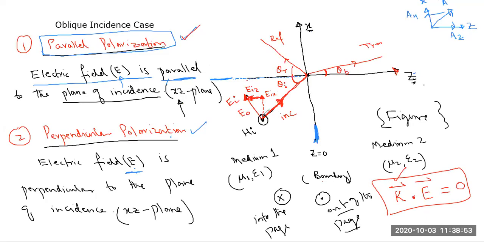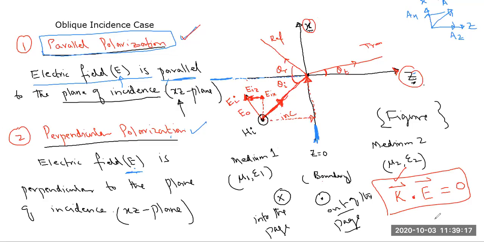The direction of propagation vector is this one. Again, when the wave is propagating, it also has two components, this component and then this component. As the wave is propagating, it is covering a distance along the x-axis as well as along the positive z-axis.